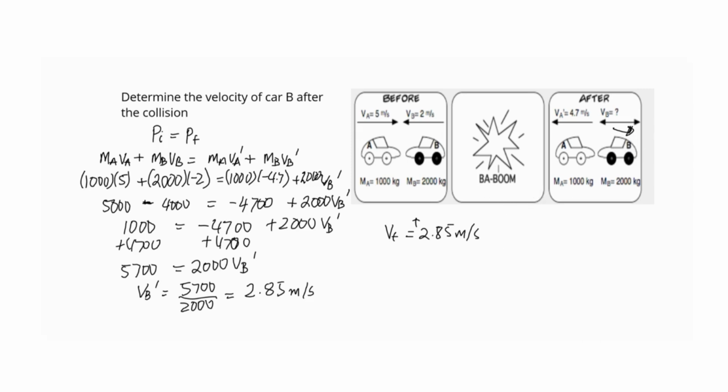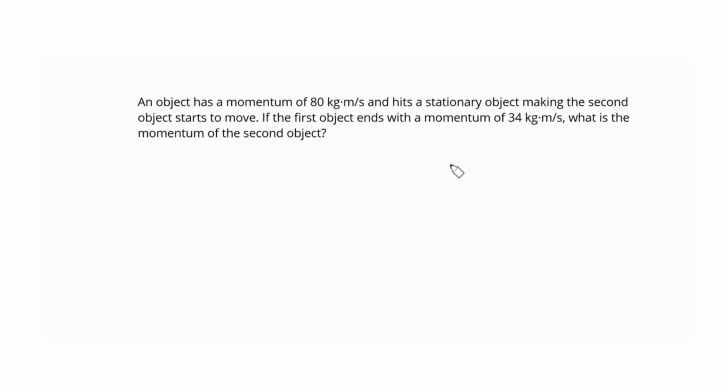Now I have one last question, and it really is simpler than all the others, but it's something that kids sometimes look at and go, I didn't see questions written like this. An object has a momentum of 80 kg m/s. It hits a stationary object, making the second one move. If the first object ends up with a momentum of 34 kg m/s, what is the momentum of the second object?